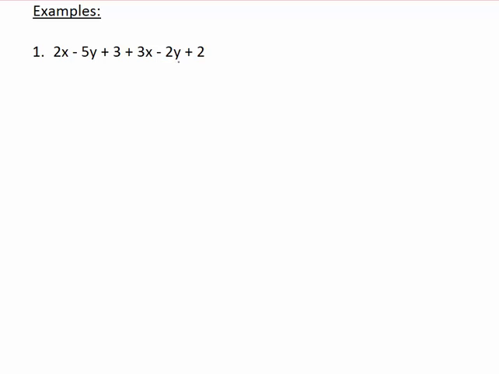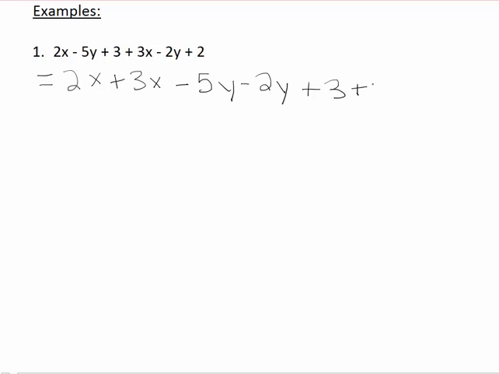Our variables are y, x, and nothing. So we need to group all the y's together, all the x's together, and all of the plain numbers together. So 2x plus 3x minus 5y minus 2y plus 3 plus 2.